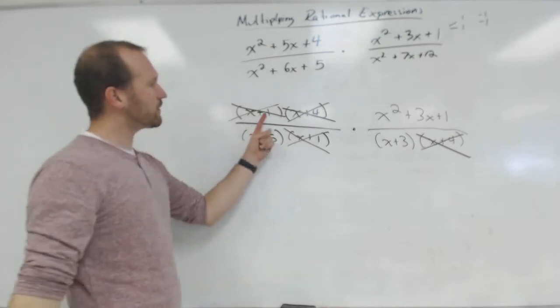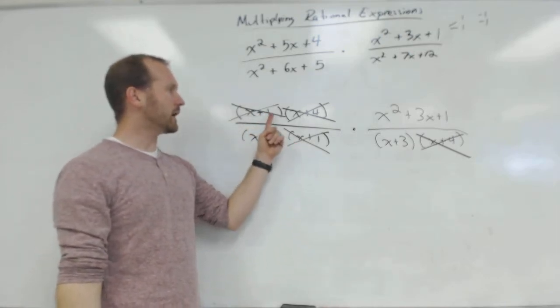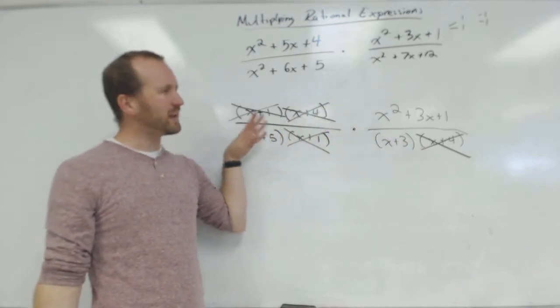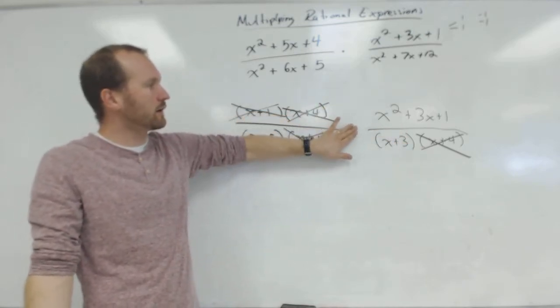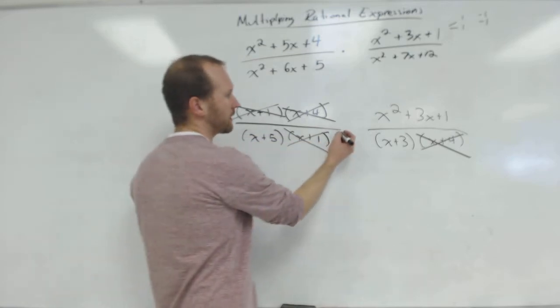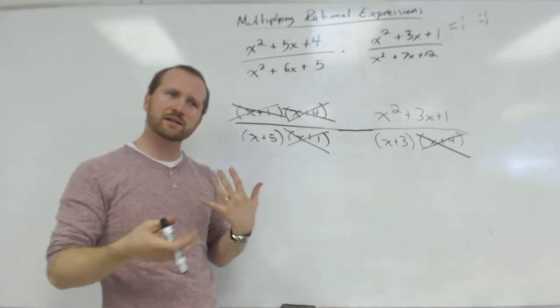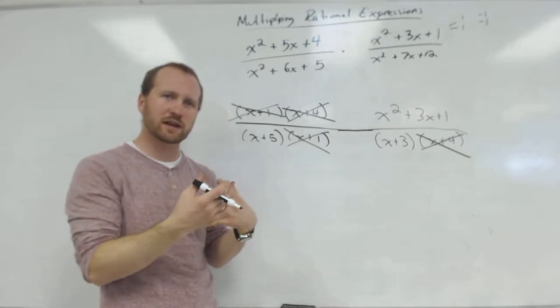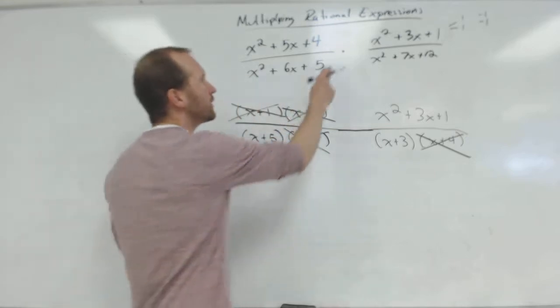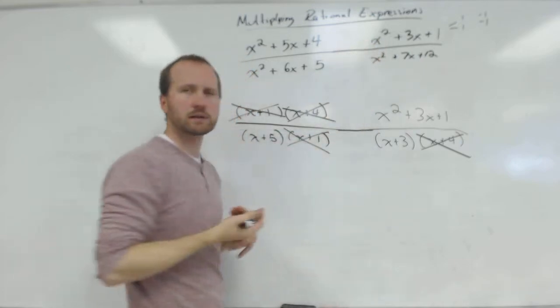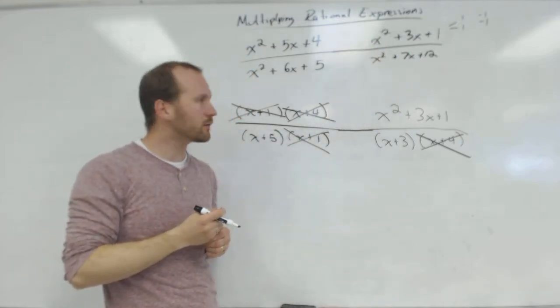So notice it doesn't really matter if I cancel the top here and the bottom here, or the top here and the bottom there. I'm basically already ignoring this. I'm just thinking of this as one big fraction. It's kind of natural to just immediately, you don't even really need the times sign. You have one big fraction and you're multiplying everything.